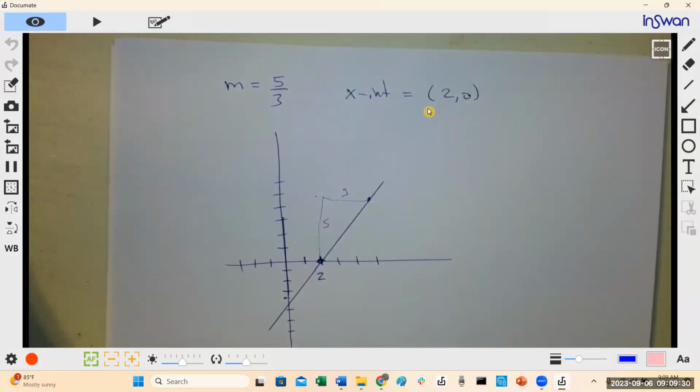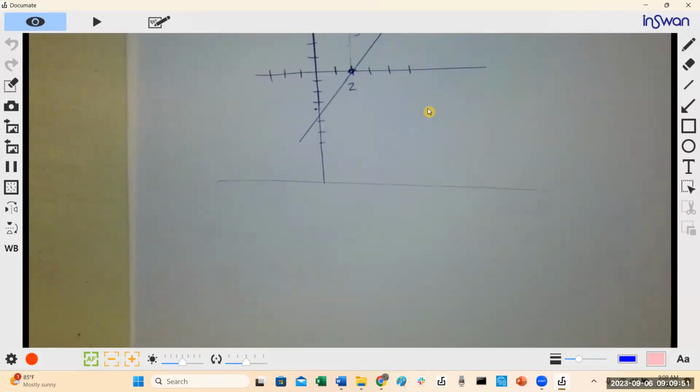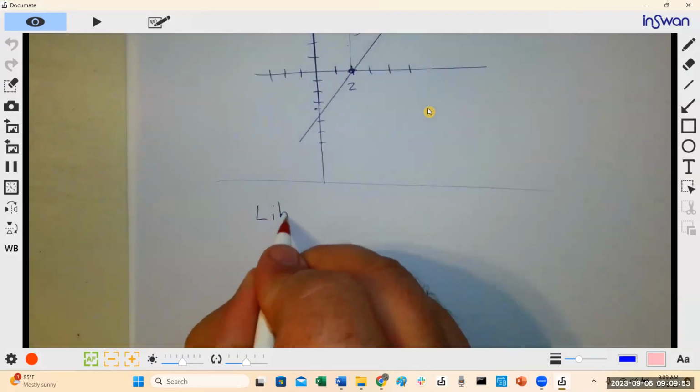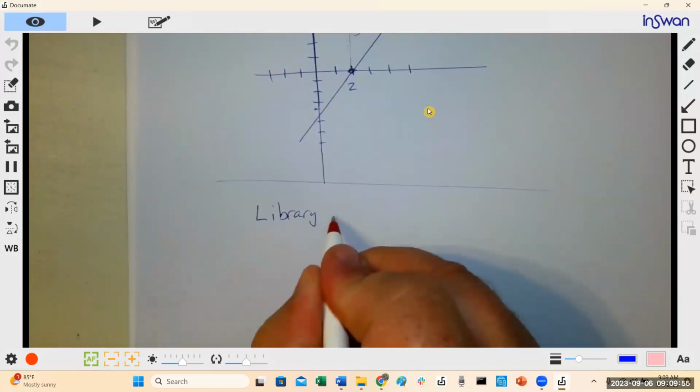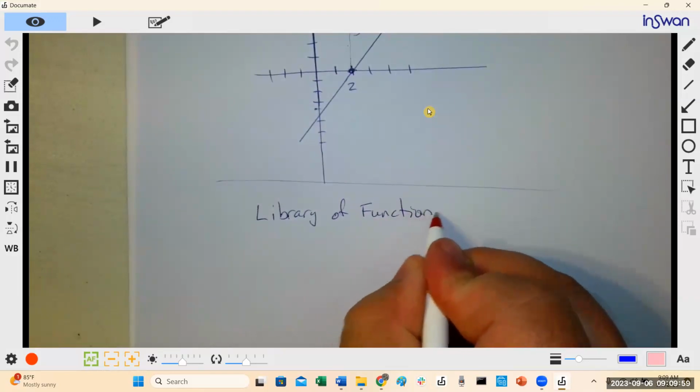All right, that about does it for this class. The next class, I'm going to give you a sheet. We'll do this in class. We're talking about functions. As I said, right now we're only looking at linear equations. I'm going to introduce you to what's called the library of functions.